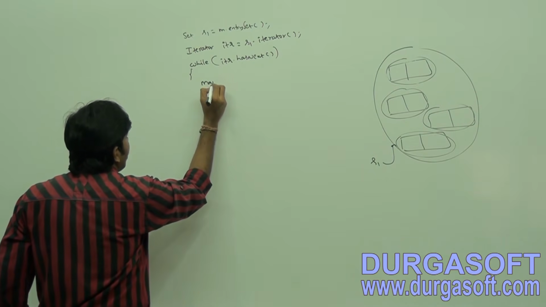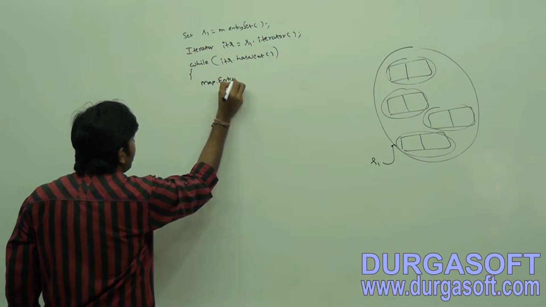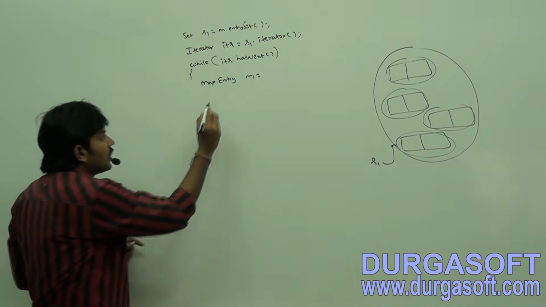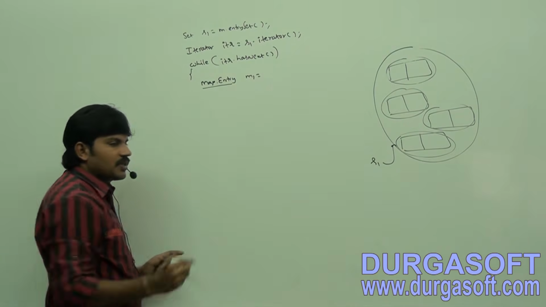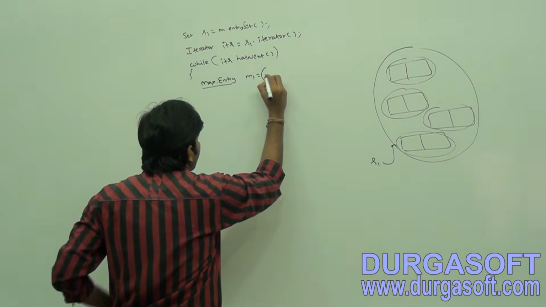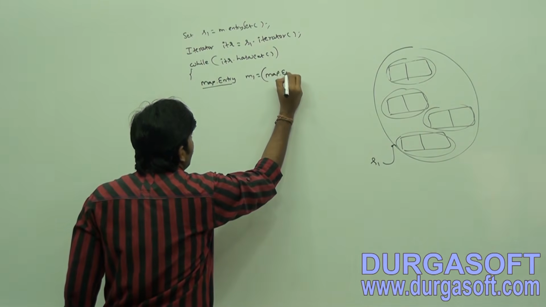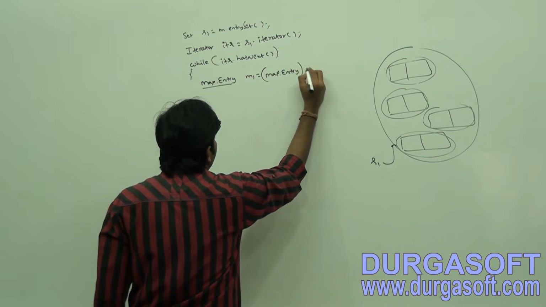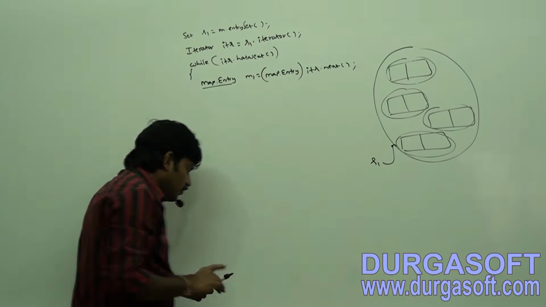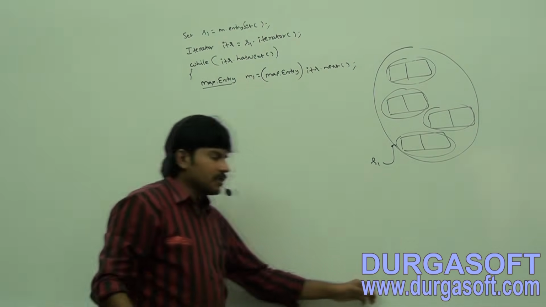So Map.Entry m1 is equal to Map.Entry, because for an inner class object it is something like outer class name dot inner class name. Map.Entry m1 is equal to (Map.Entry) typecasting itr.next(). Now I got the entry object.